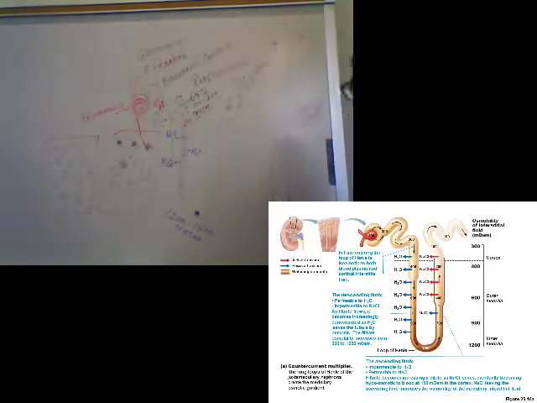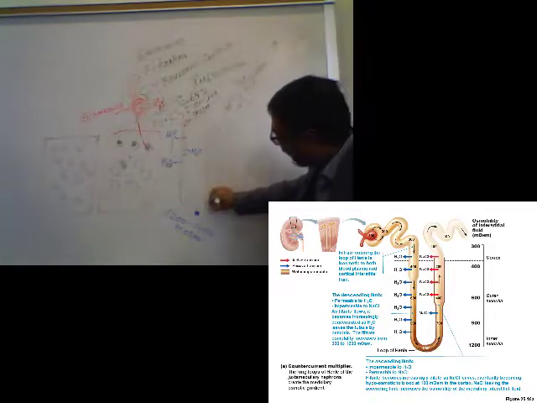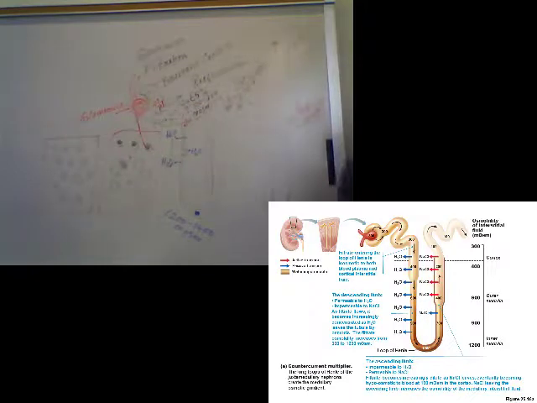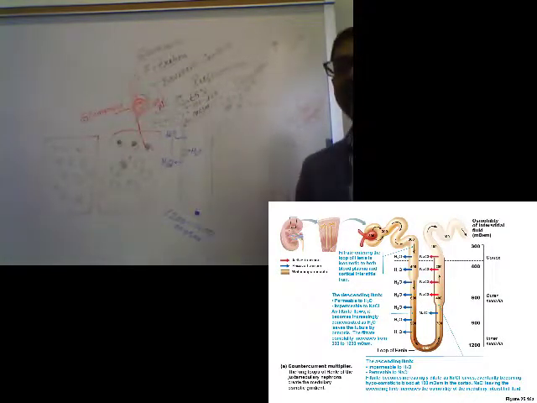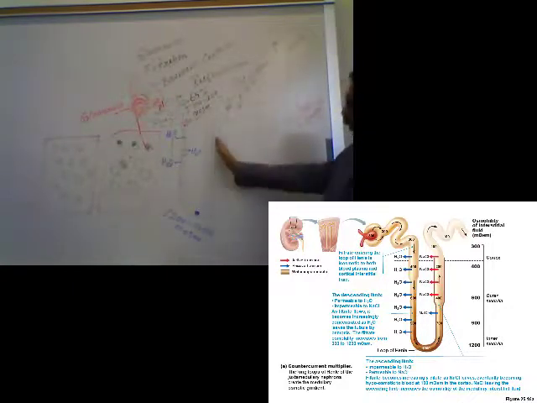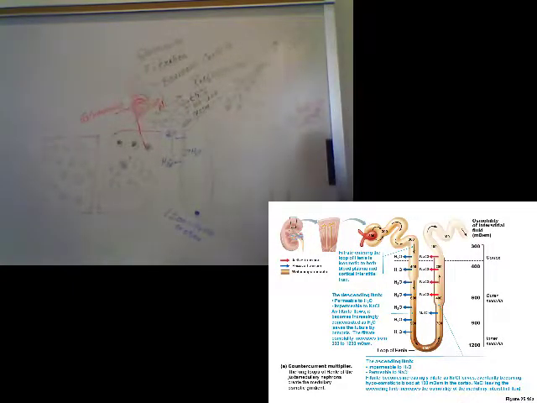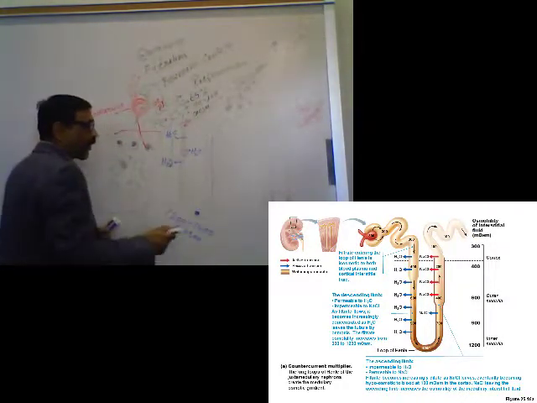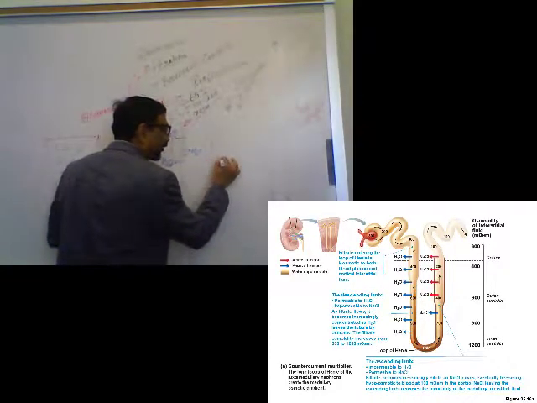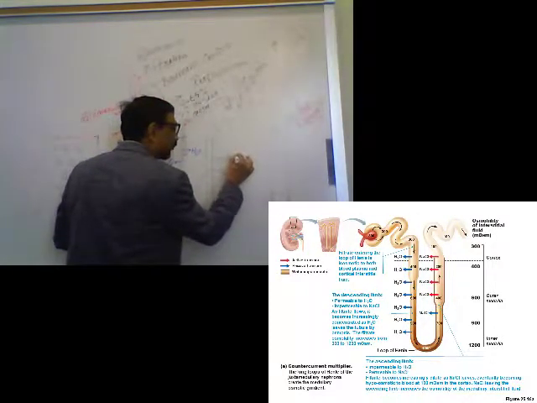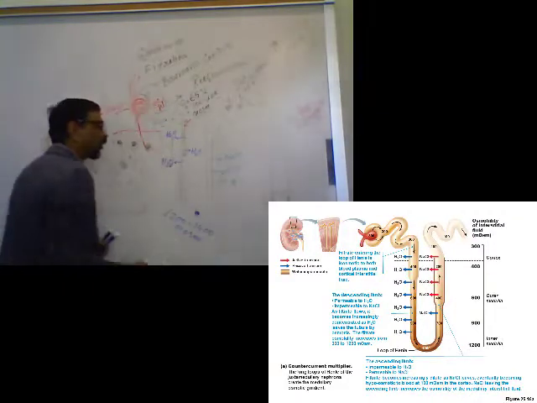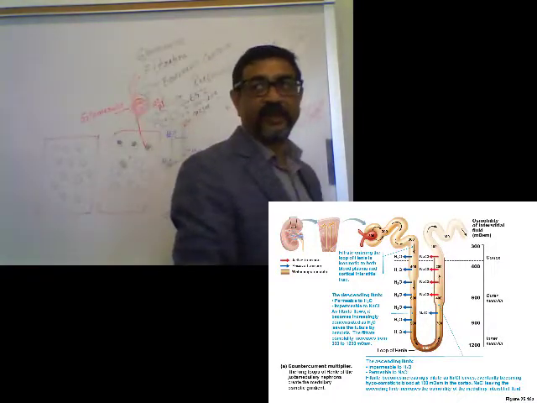Okay, now this fluid from here will move up through the ascending limb of the loop of Henle. And when the fluid moves through the ascending limb, what will happen? In this part, no water reabsorption will occur, but sodium, chloride and some potassium will leave the fluid.